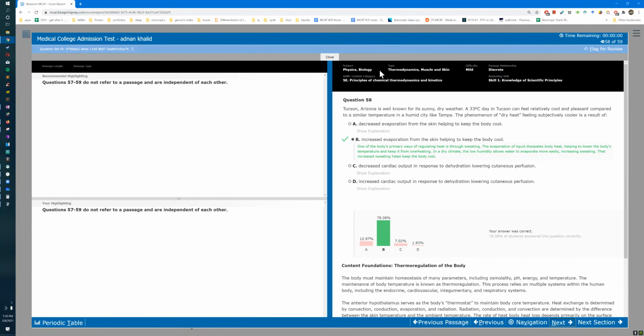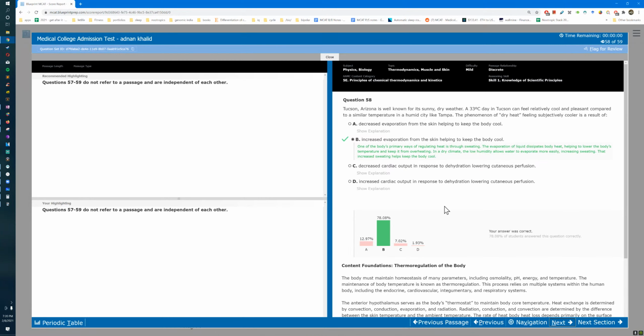This one, yeah, so this is a dry heat. Humidity is a major part of it. It's not just if some place is hot, you're going to sweat, right?